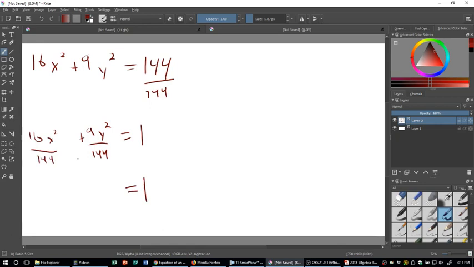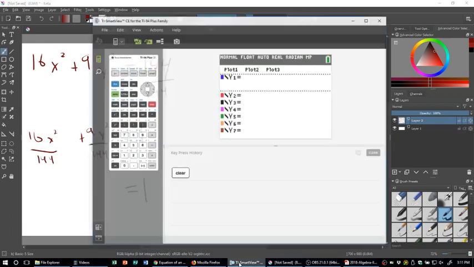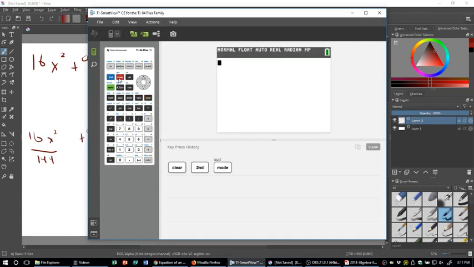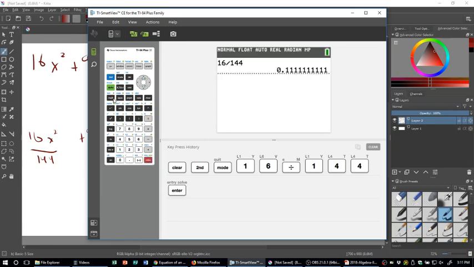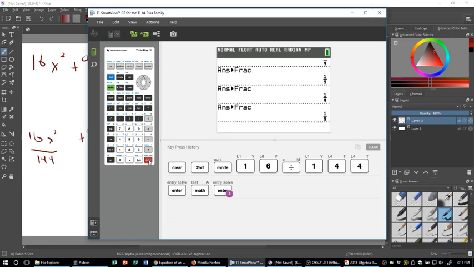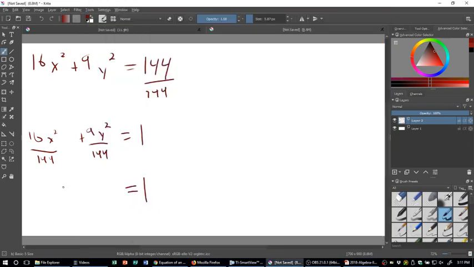Now, we need to reduce this, so 16 goes into 144. Use my calculator to speed that up a little bit. There's the decimal, math, enter, change that back to a fraction. So 1/9. So 1x squared over 9.